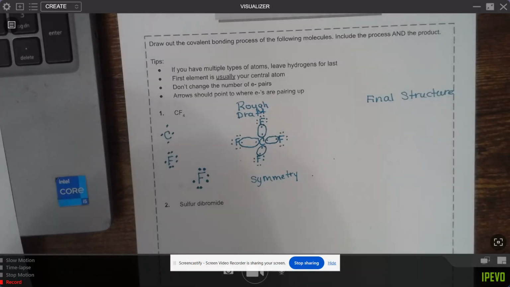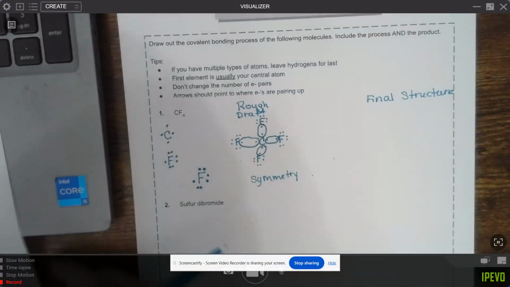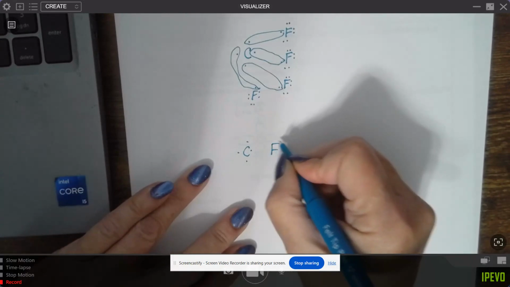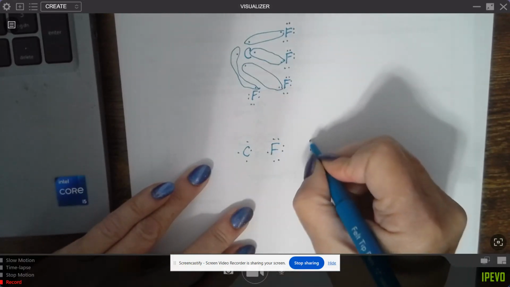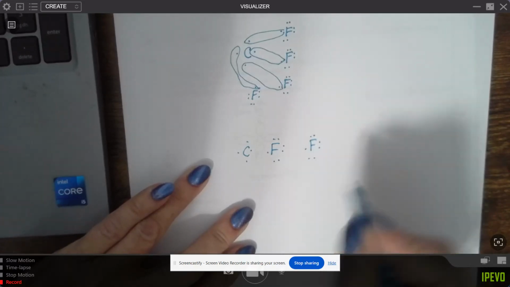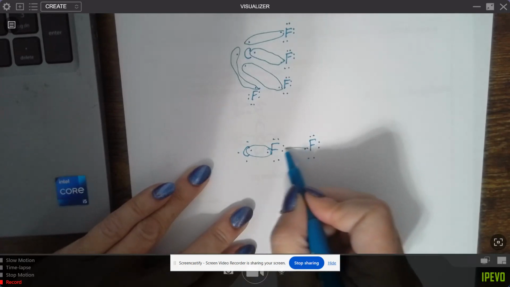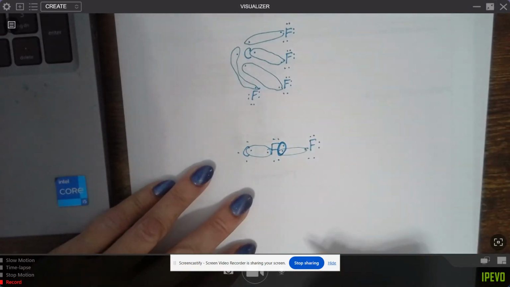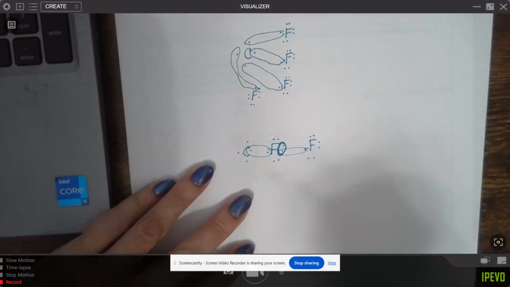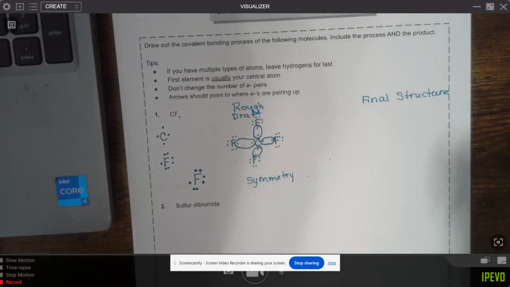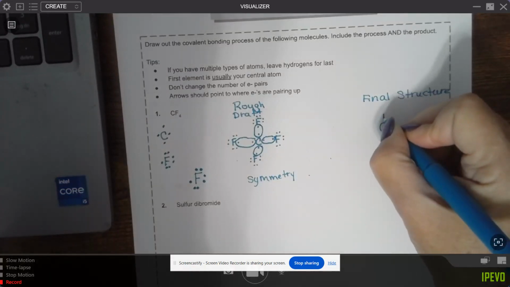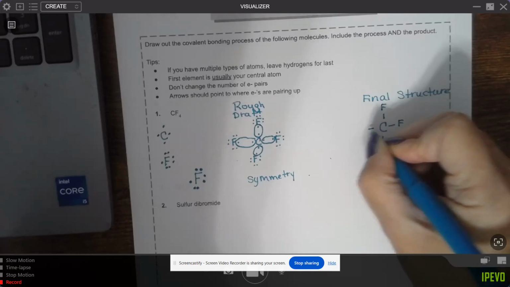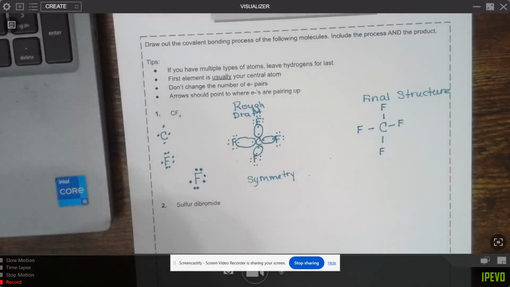So there's only so many ways that you can draw this, because for example, if you tried to bond these, this doesn't work, this is not right, because this is already a pair of electrons. That's why it's so important to draw your Lewis structure correctly, because then you link up those bonds where there are the solo electrons. The solo electrons tell you where you're going to form a bond.